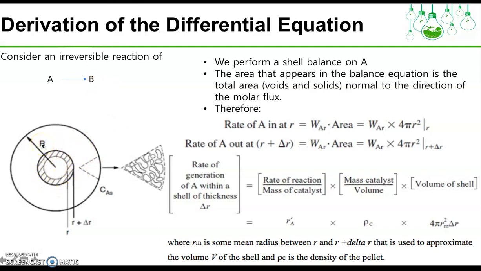From chapter 2, we know that the reaction rate, RA double prime, equals WA. Multiplying by the surface area is just a unit conversion, since we are considering this area. The rate of generation equals the rate of reaction of the catalyst times this term, which is again just a unit conversion.